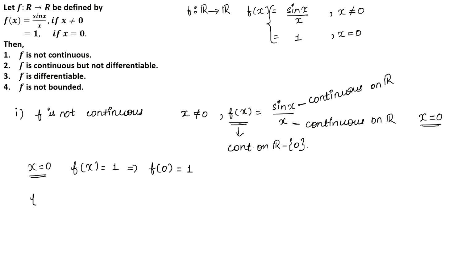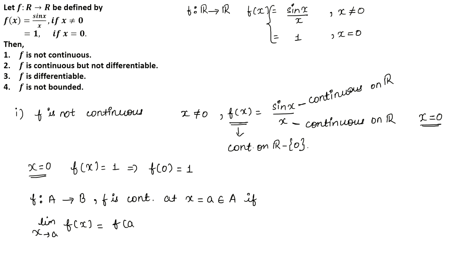Now, if f is a function from set A to set B, we say that f is continuous at x equals a, where a is an element of the domain A, if limit x tends to a, f of x is equal to f of a. If this condition is satisfied, we say that the function is continuous at x equals a. Otherwise, the function is called not continuous at x equals a.